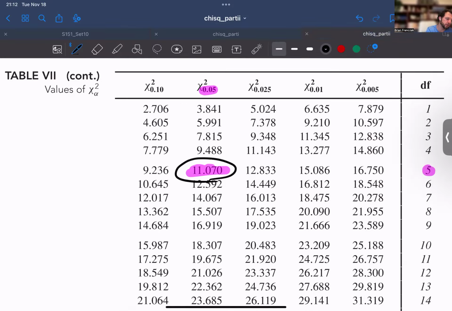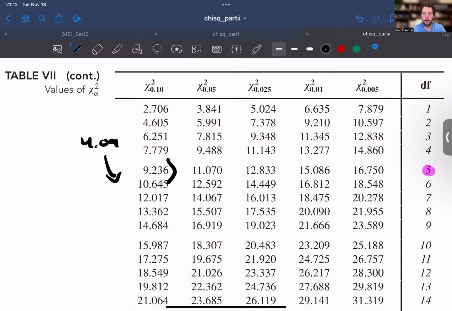So then I move over to page 2. I'm still looking for 4.09 on the 5 degree of freedom line. And what I find is that it's smaller than the smallest value listed on page 2. So our test statistic is actually bounded between the last value on page 1 and the first value on page 2.